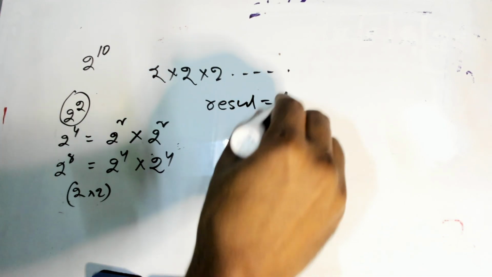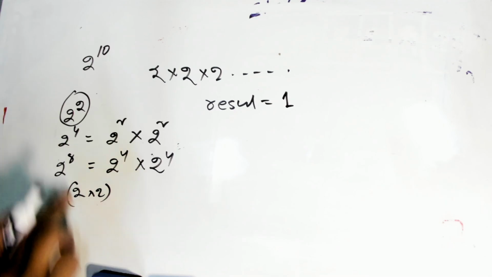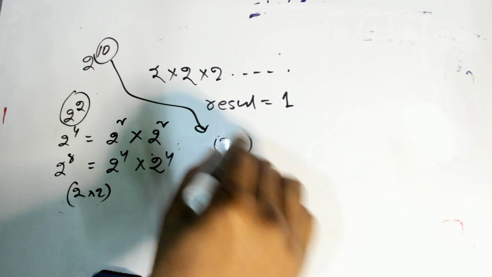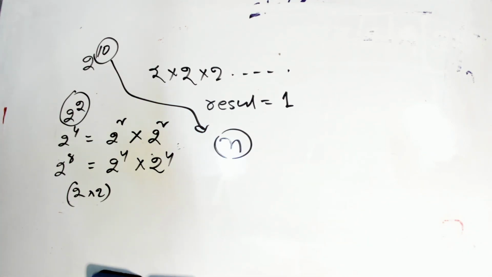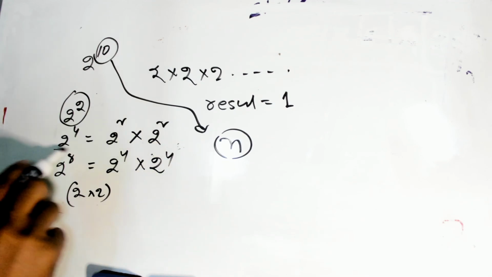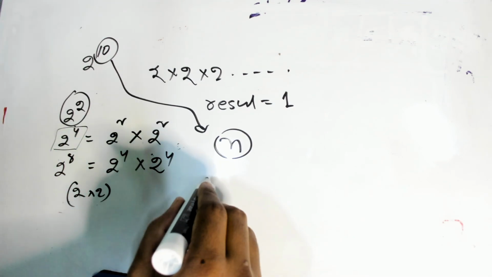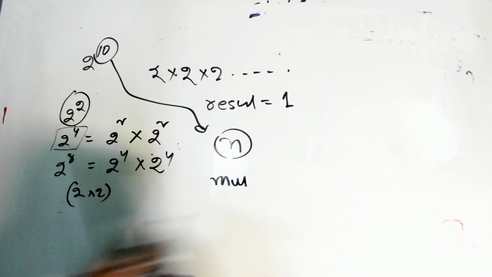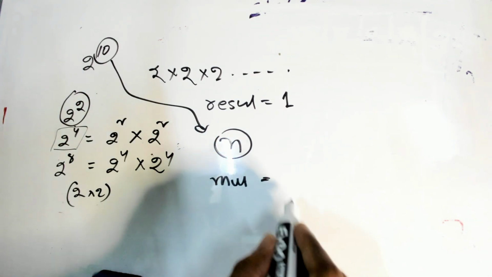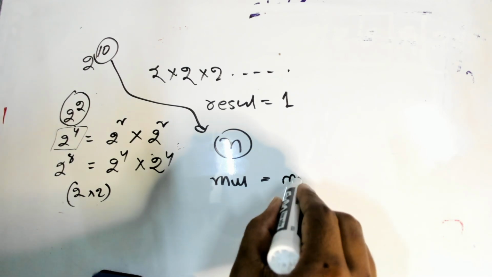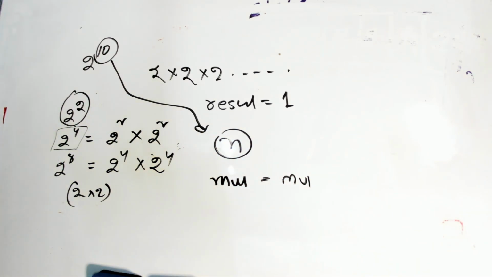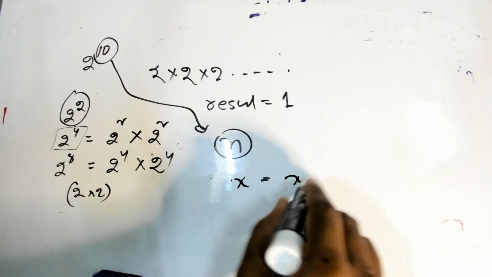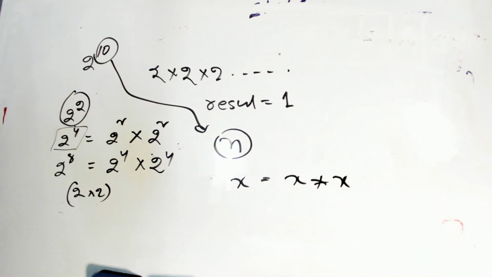Let result be 1, and then our function will take n, that is 10, and it will keep calculating our product, so we can say x equals x times x, right?